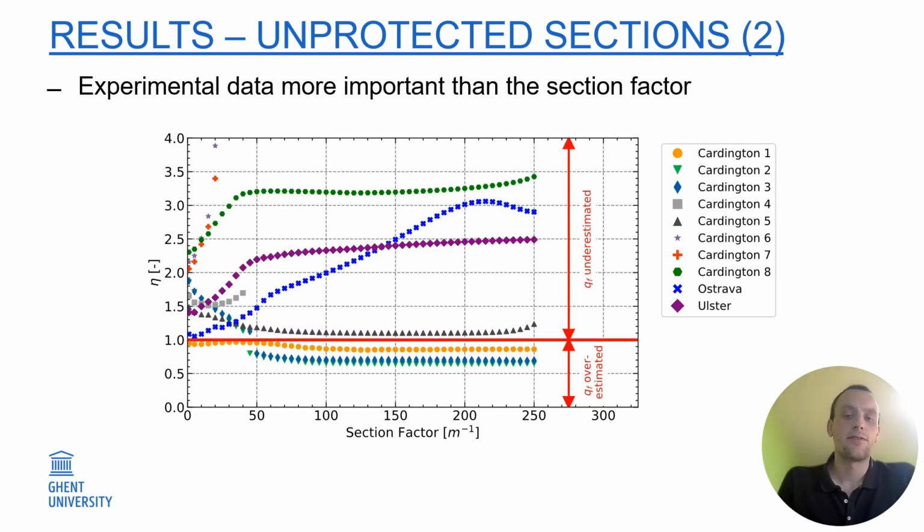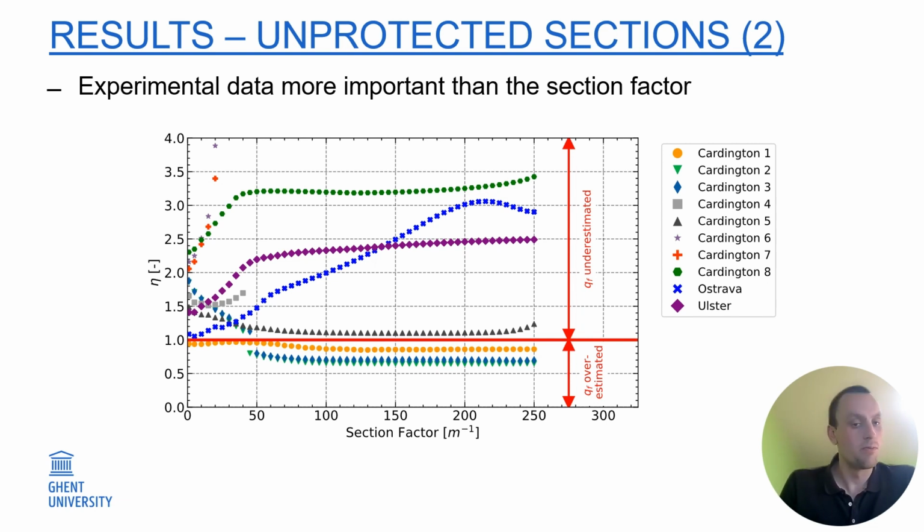For the calculation of steel temperatures of unprotected sections, there is one calculation parameter that could influence the result of the correction factor, and this is the section factor. The plot on this slide demonstrates how the value of the correction factor changes with the section factor for different experimental data sets. What we can observe is that for most of the experimental data sets, the influence of the section factor is quite low.